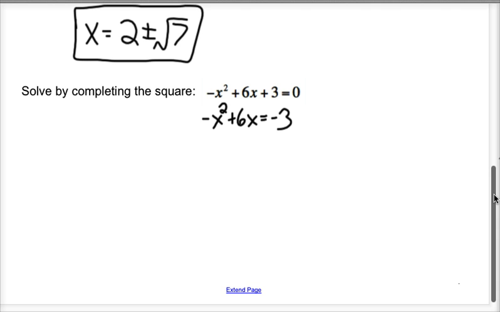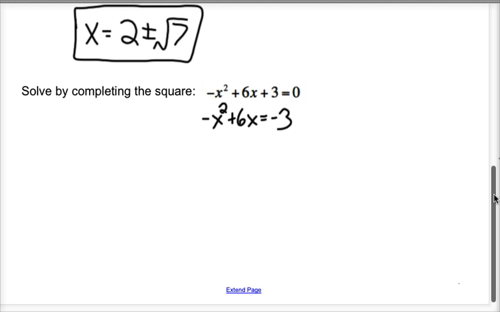Now, notice, I emphasized last time that the x squared term needs to be by itself. Now, that means there can't be a coefficient with it, and that also means there can't be a negative with it. So just like that previous example, because there's a negative there, I'm going to divide by that coefficient.